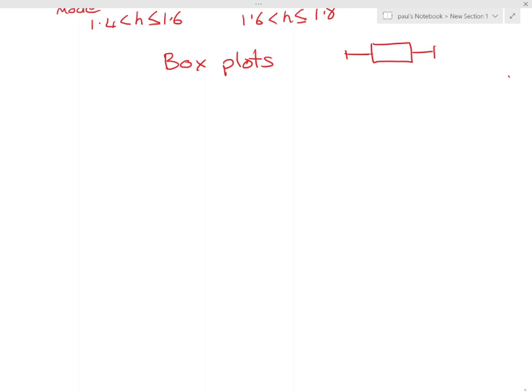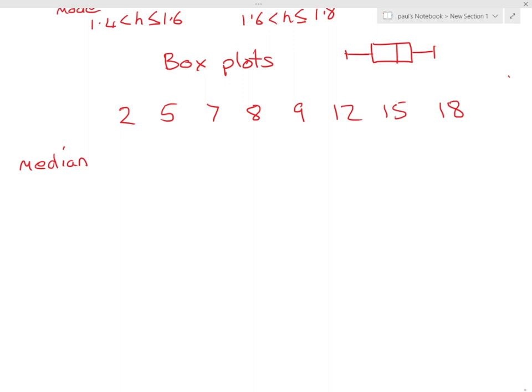So let's have a look at some numbers. Yeah, we'll go 2, 5, 7, 8, 9, 12, 15 and 18. Here's a nice set of numbers. Right, let's find the median. Now the median is the middle.